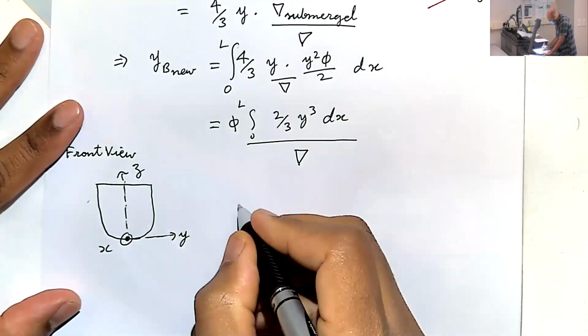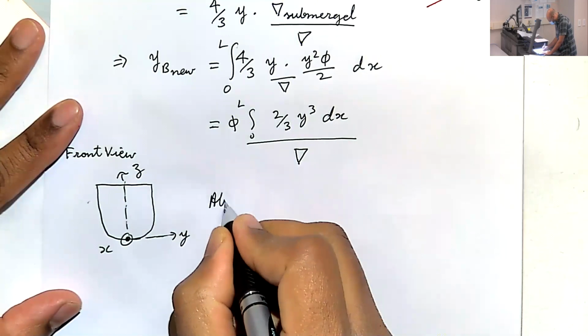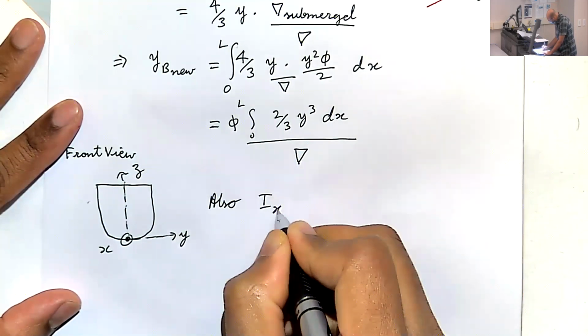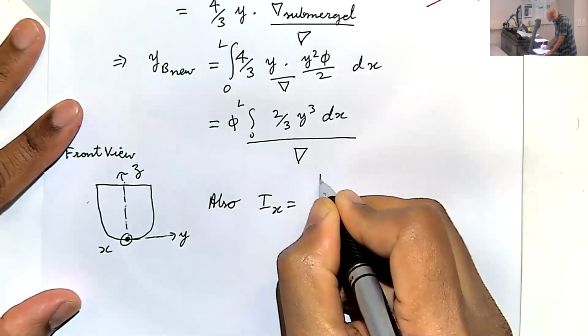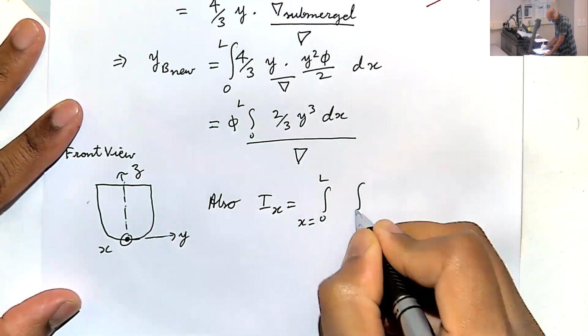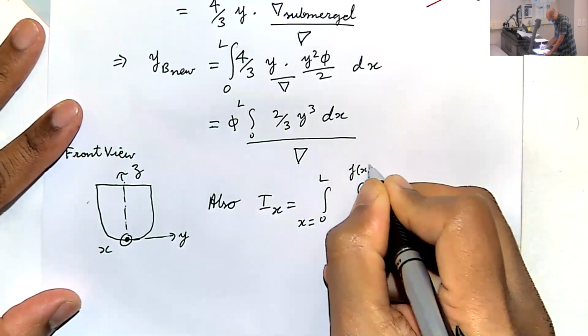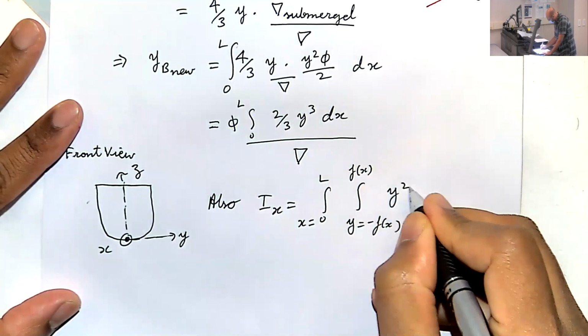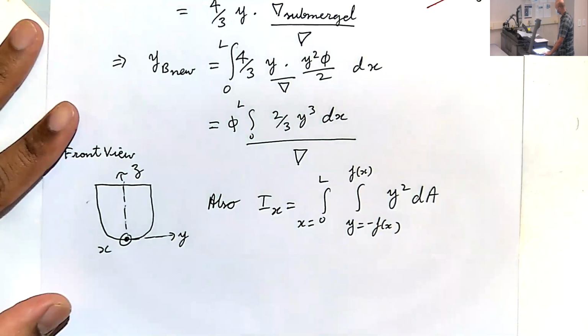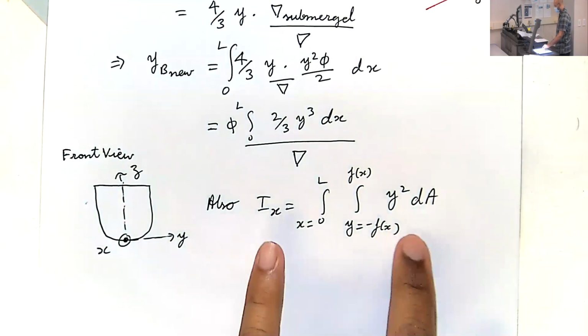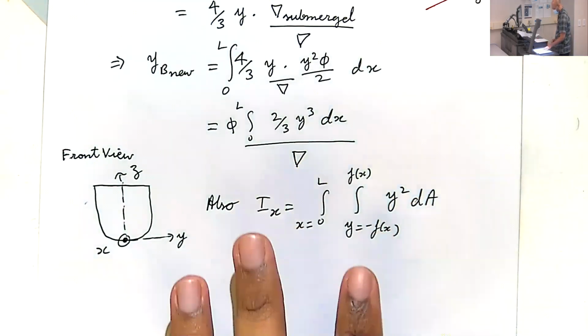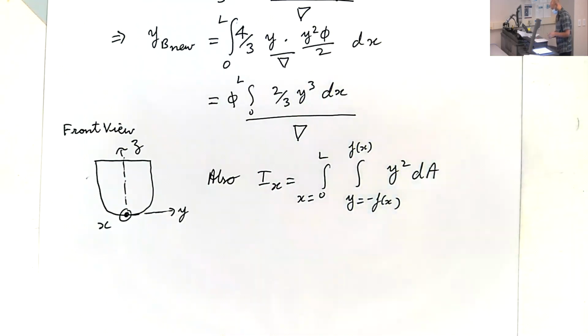When you think about what Ix is, it's 0 to L, y from negative f of x to positive f of x, y squared dA. That we know from our previous lectures.